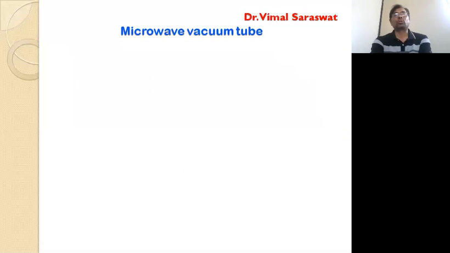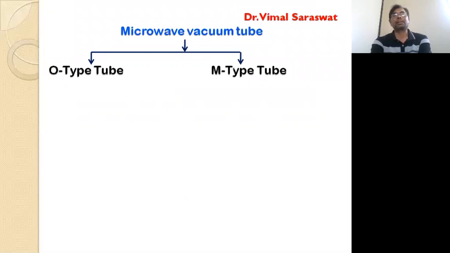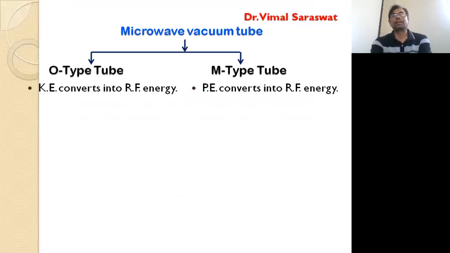Now, there are two types of microwave vacuum tube. One is O-type and another one is M-type. In O-type tube, kinetic energy converts into radio frequency energy, whereas in M-type tube, potential energy converts into radio frequency energy.